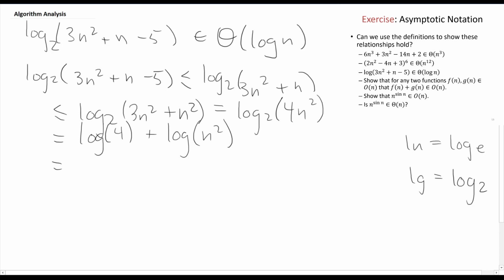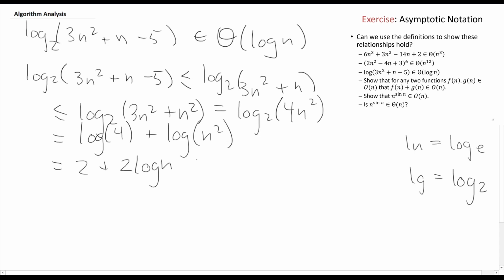Log base 2 of 4 is just 2. And then we're left with log of n squared, to which we can apply the log rule to give us 2 log n. Remember, an exponent on the inside we can bring out front as a multiplier. So we get a 2 out of this one, and we get 2 log n out of this one.